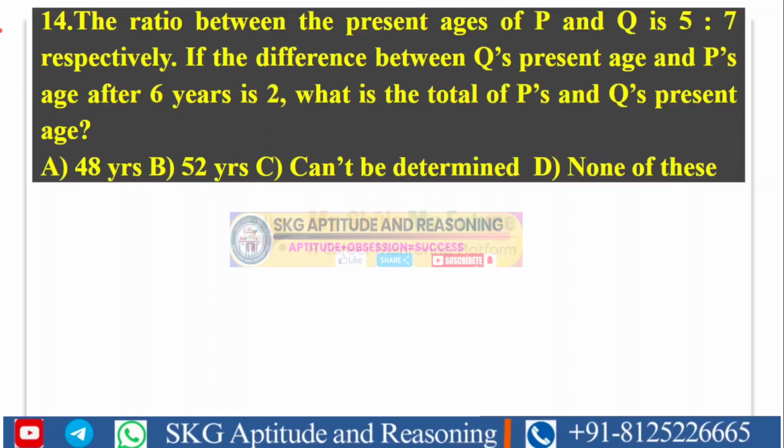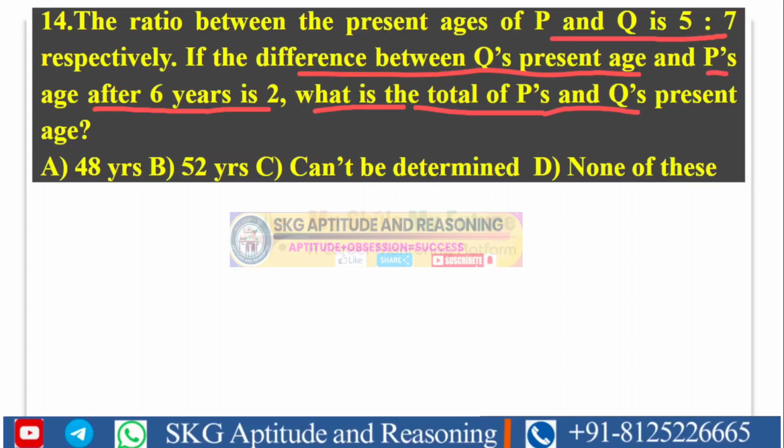Okay, the ratio between the present ages of P and Q is 5 is to 7. And if the difference between Q's present age and P's age after 6 years is 2 years, then what will be the total of P and Q present ages?